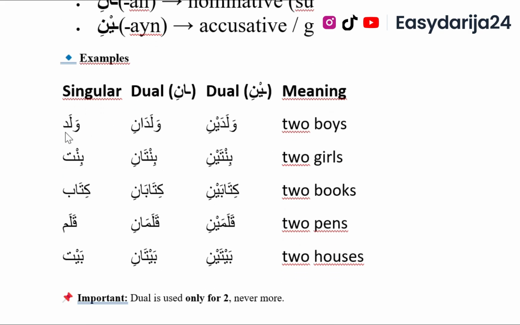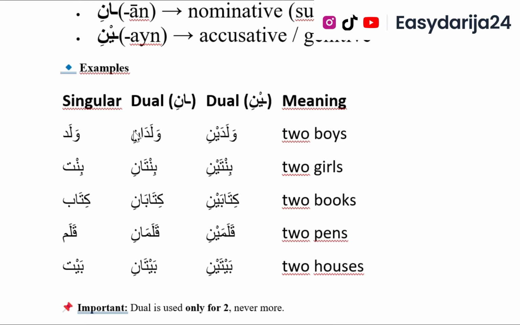Let's see some examples. So walad will be waladani in the nominative case. And accusative will be waladayni. See, we add ayni. Here we add the alif, the long vowel, that will be affected by the last letter.